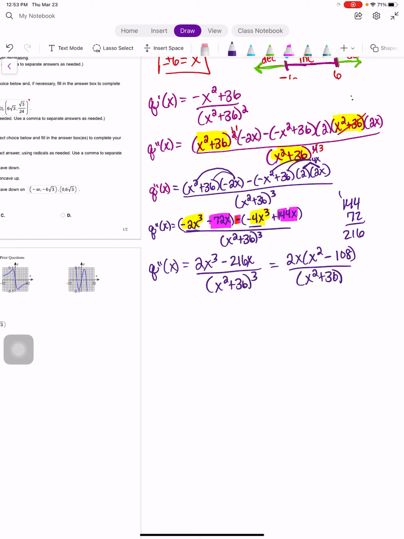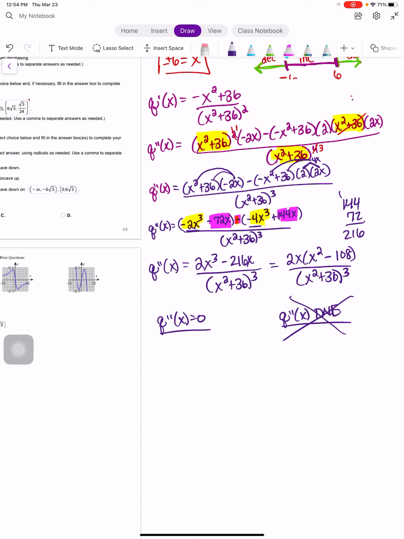And so once you get to this step with your second derivative, you want to determine where that second derivative is equal to 0 and where that second derivative does not exist. Well, this second derivative exists everywhere for the very same reason that the first derivative exists and that the original function exists everywhere.